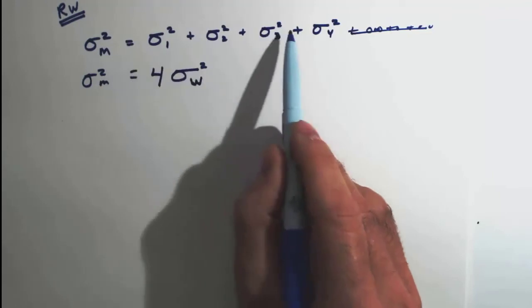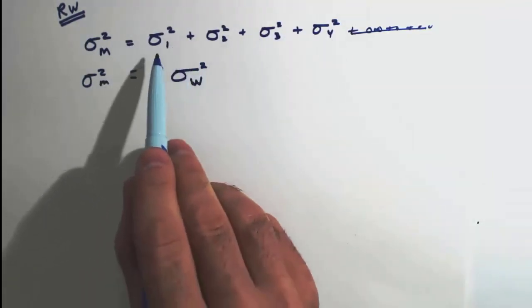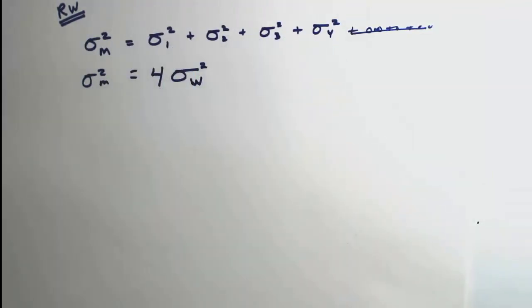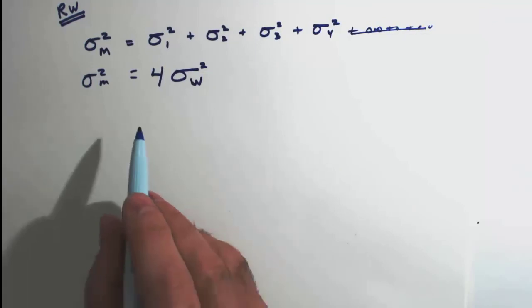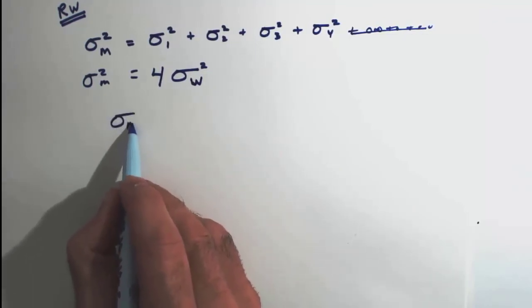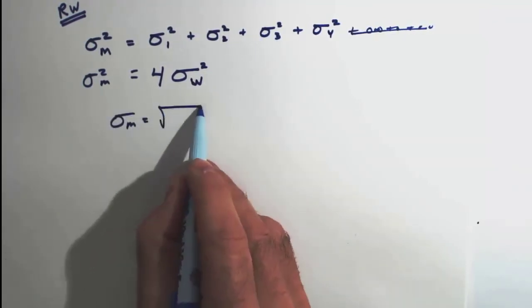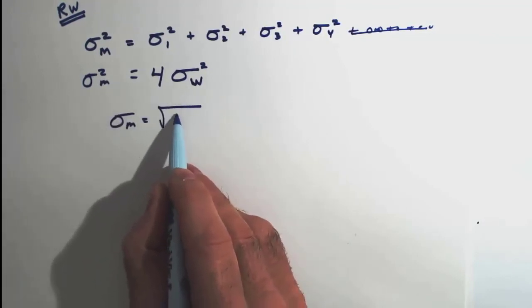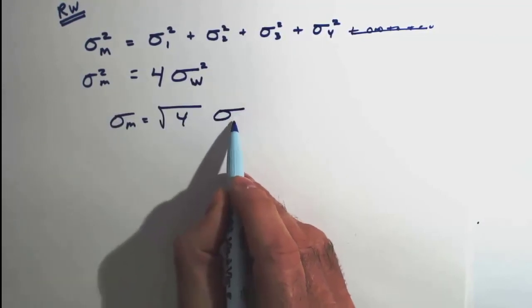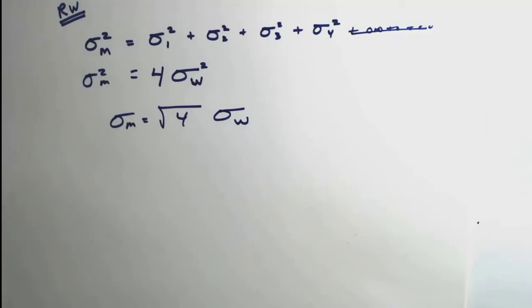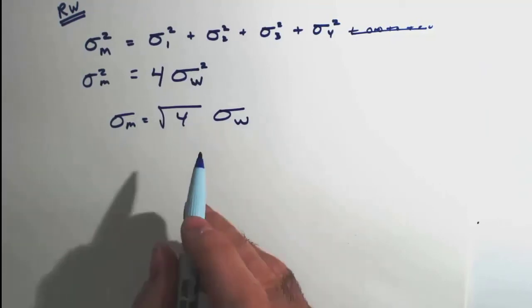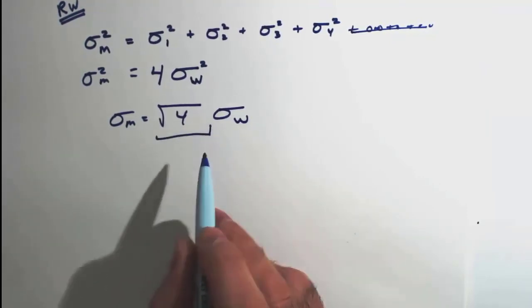I'm just multiplying, because I have 4 terms here and they're all the same amount. Now the standard deviation of a month will equal the square root, so take the square root of both sides, of 4, and then you get the standard deviation, but you get this adjustment here.